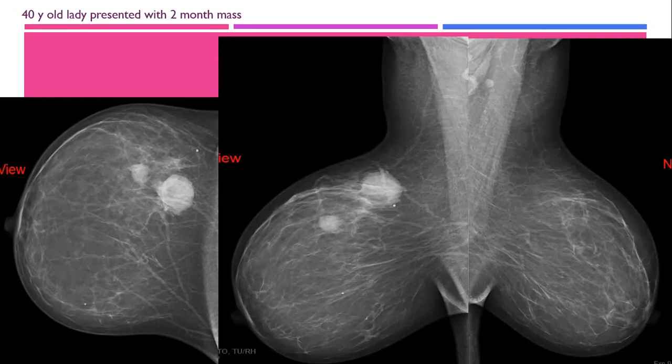I will give her BI-RADS 4B. Why do you give her 4B? You said circumscribed, partially obscured. The age of the patient, and she has a palpable abnormality as well, and there is architectural distortion. Okay, excellent. You said there is distortion, and the anterior mass is indistinct and high density.